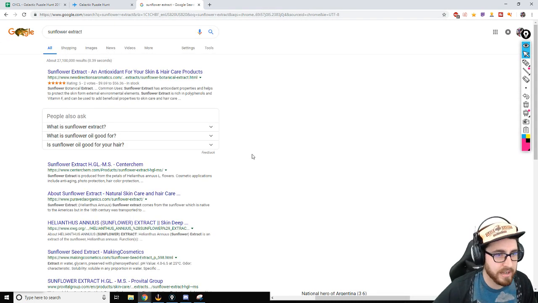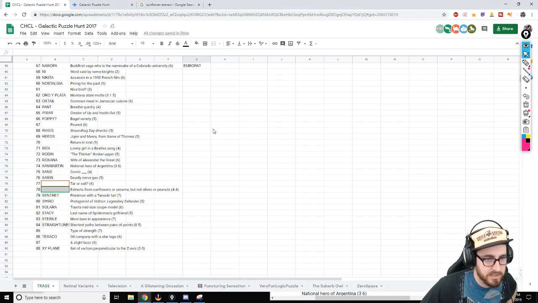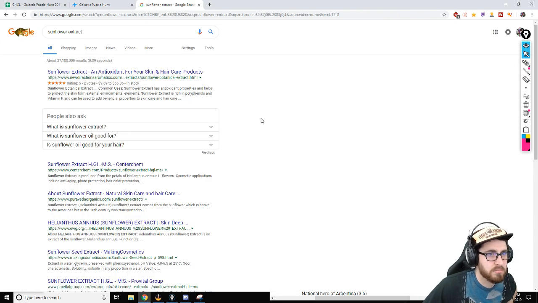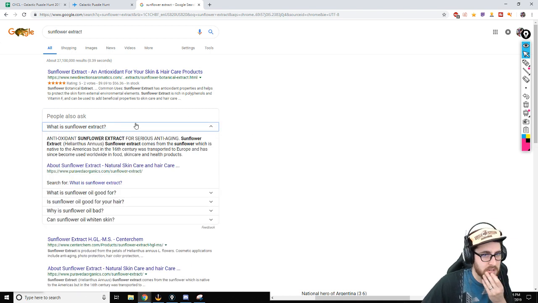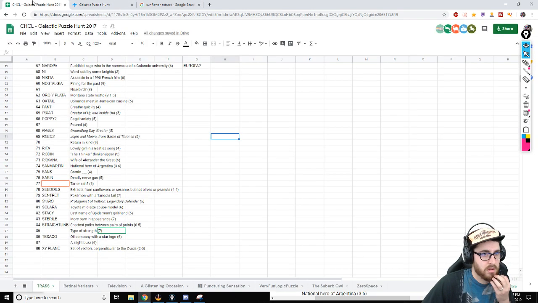Sunflower extract. Let's see. That is 4 and 4. So it's not oil. Seed oils.